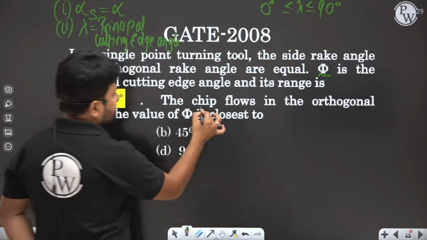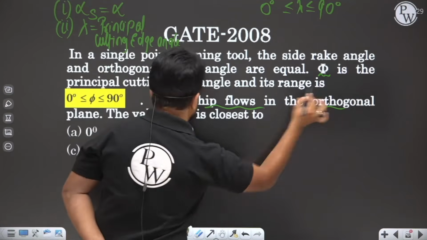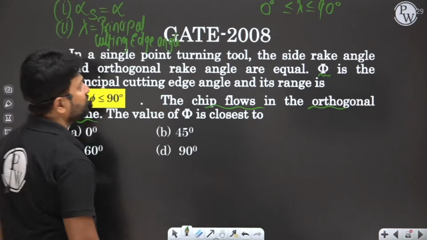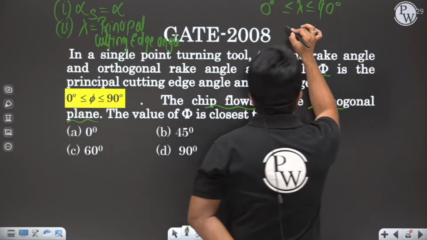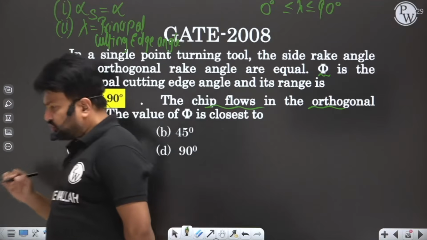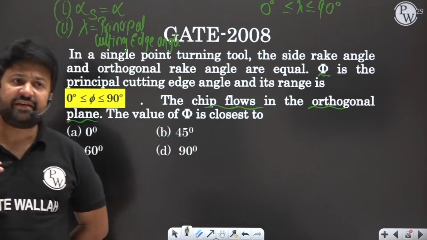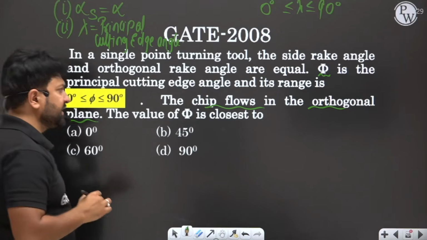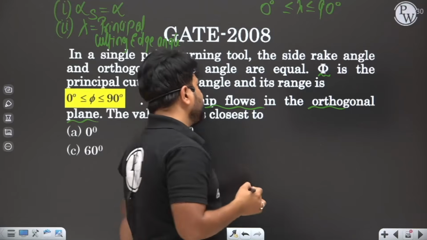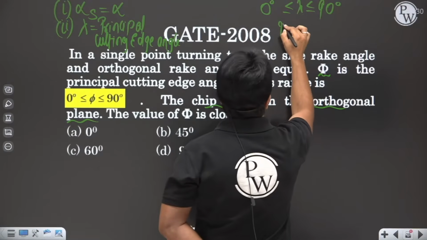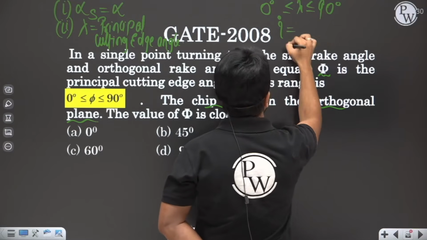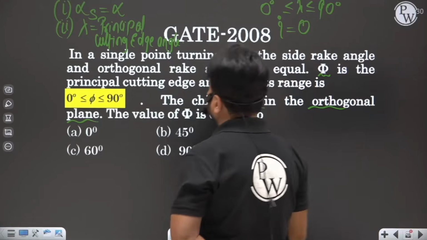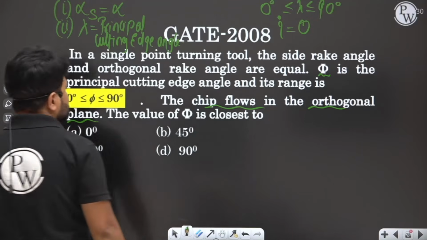Now, the chip flow in the orthogonal plane. What I told you: whenever the question says the cutting is orthogonal, or the chip flow is in the orthogonal plane, the inclination angle is 0.